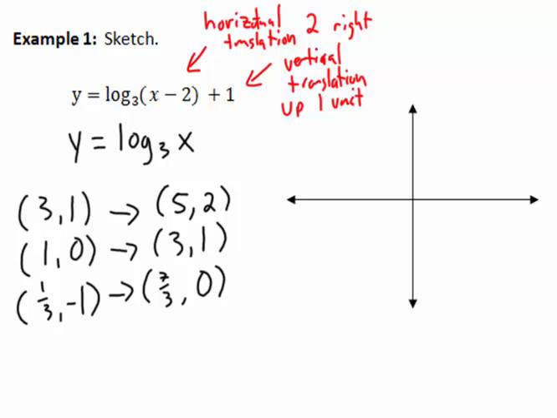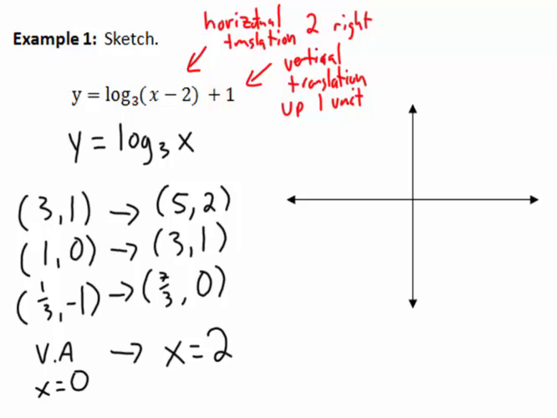The only other thing we have to keep in mind is our vertical asymptote. The vertical asymptote was normally at x equals 0, which means when we translate that, we'll now be at x equals 2, moving it 2 to the right.